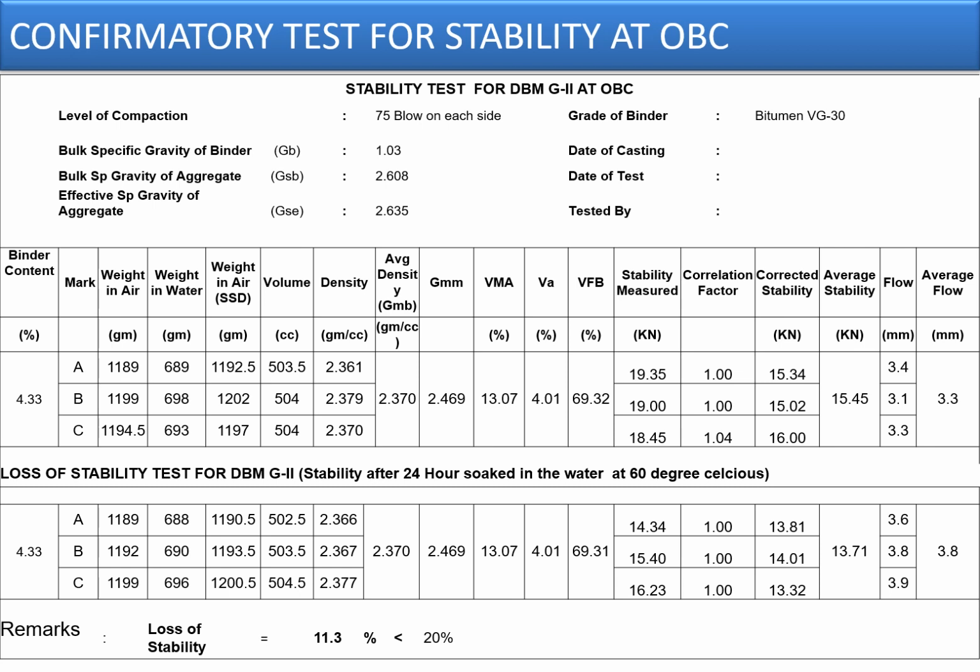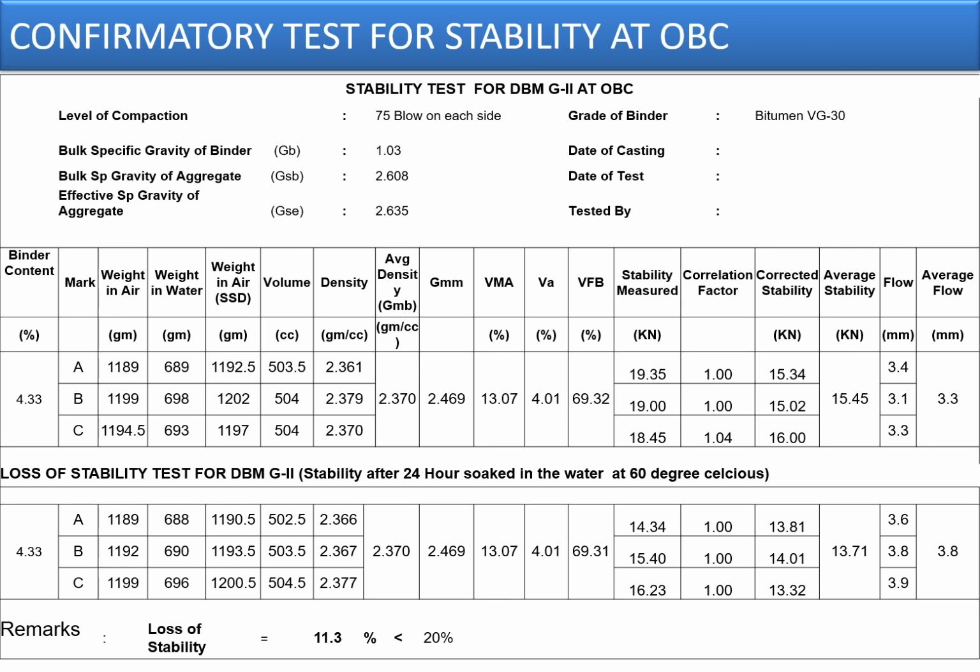Then the second parameter is what is the loss of stability for this bitumen content when the molds are tested after being kept for 24 hours in water at 60 degrees Celsius. Of course, when your molds are exposed to 60 degrees centigrade for a larger duration of time, the stability of the mold might get affected. The VA, that is air voids, sometimes gets affected.